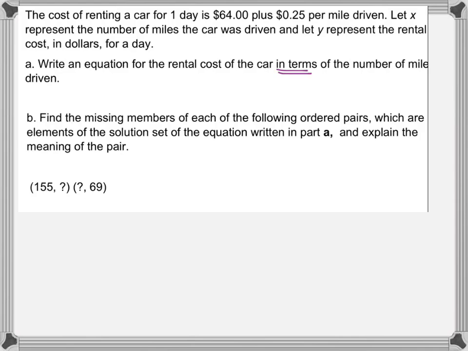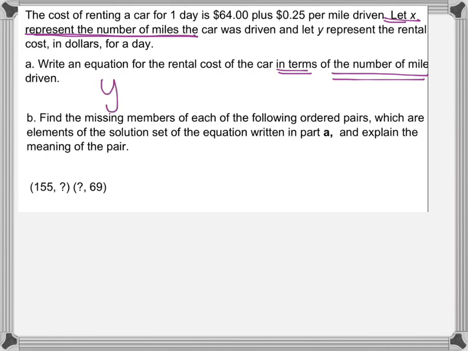So "in terms of" means that the variable we're going to use is the one that follows that statement. If we're doing it in terms of the number of miles driven, it's going to be in terms of X because X is the number of miles driven. And Y represents the total cost.